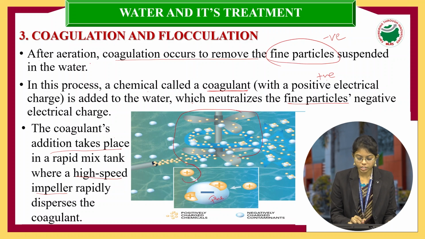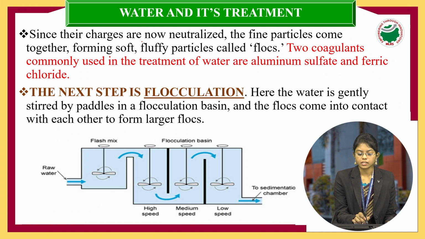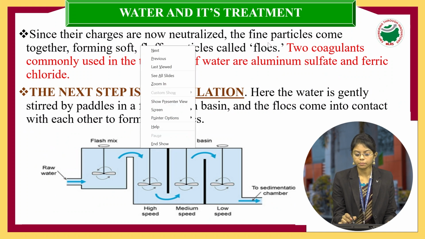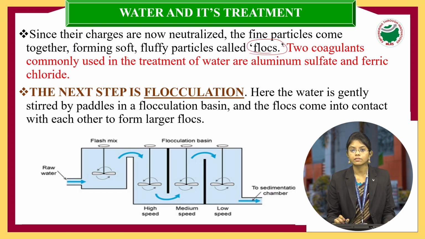Now you can see positive charge particles coming together and getting neutralized. Since the charges are now neutralized, the fine particles come together forming soft fluffy particles called flocks. Now the fine particles are converted into flocks.